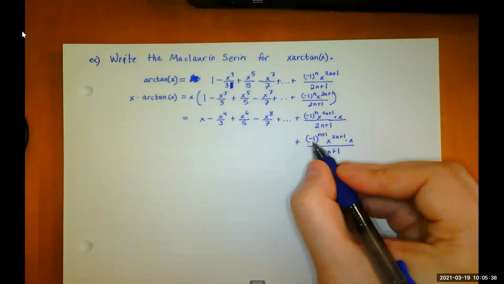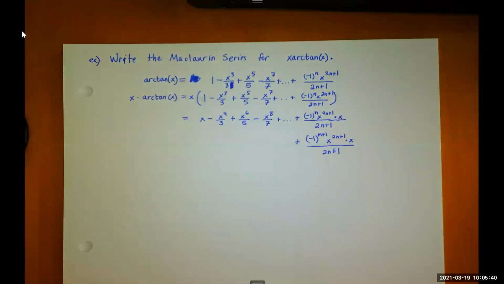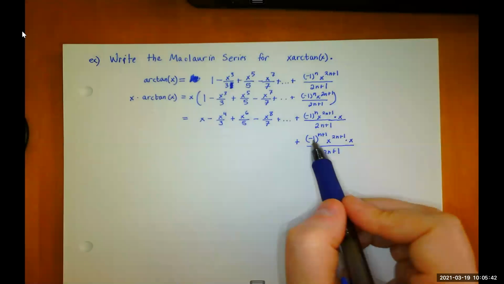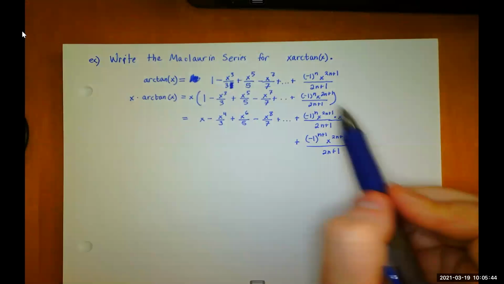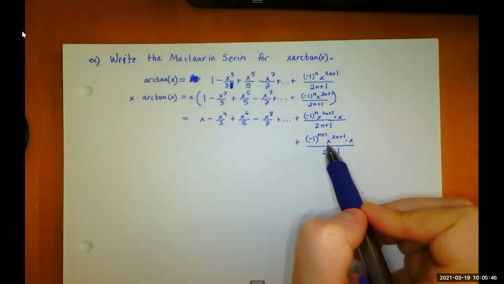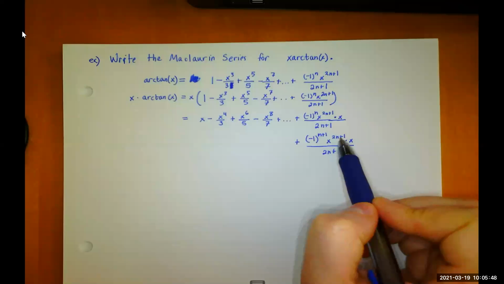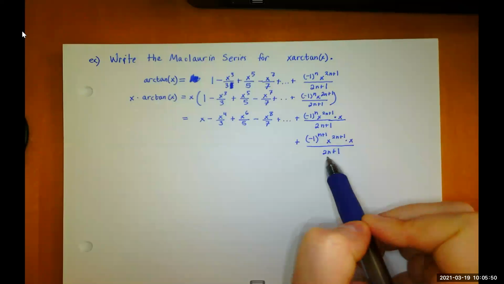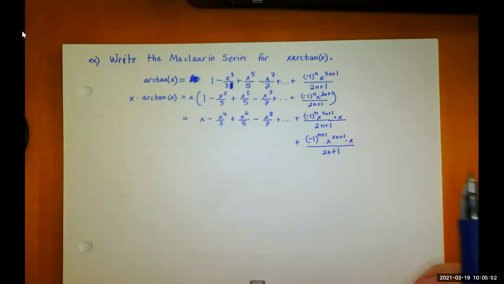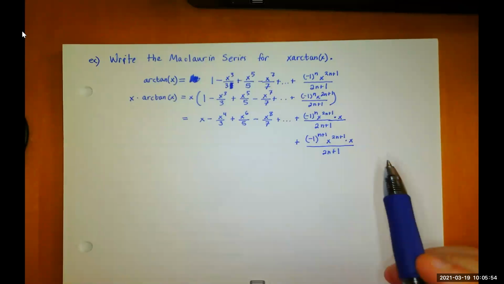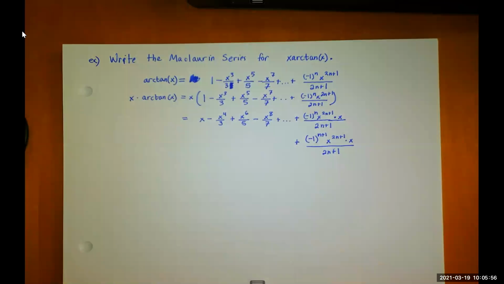Well, the sign would be wrong, wouldn't it? Because you get a negative, and the x would be wrong for that first term. You'd get an x squared, and the denominator would be wrong. No, the denominator would be right. 2 times 0 plus 1 is 1. Okay.